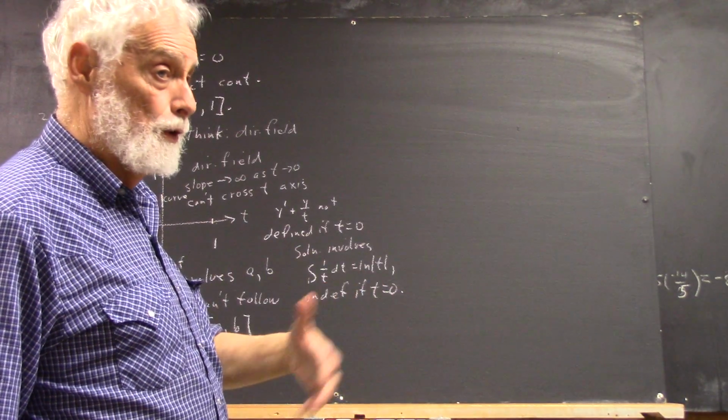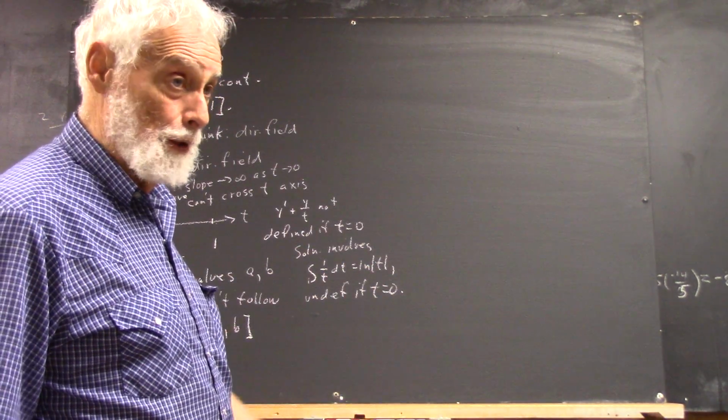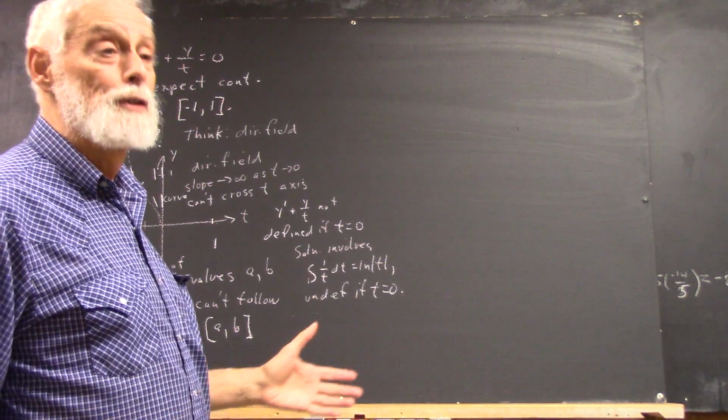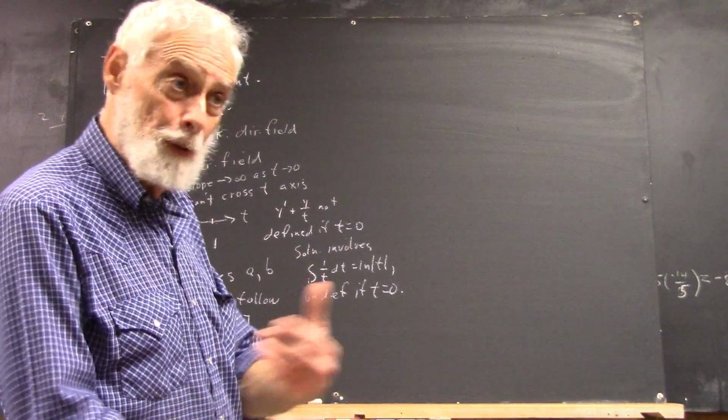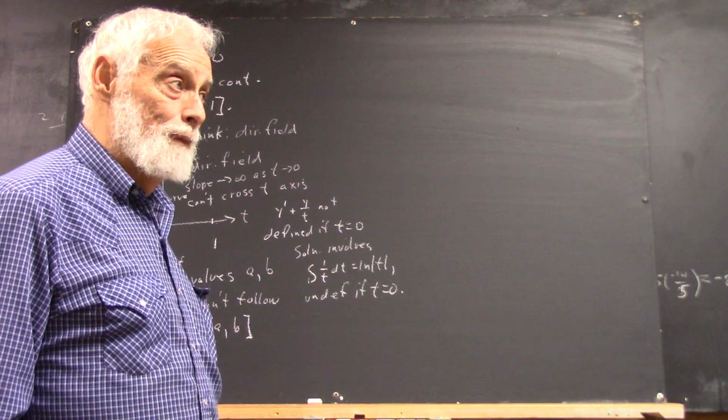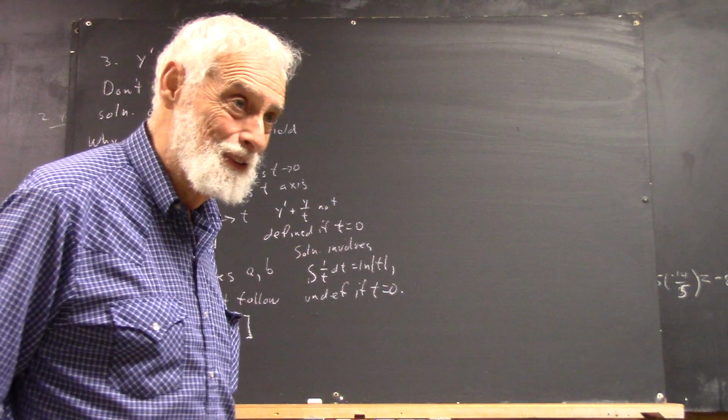Obviously, you can't guarantee that you can solve any given equation in closed form. That doesn't mean there isn't a solution, just that you can't find it, you can't express it in terms of basic functions, or even in terms of really weird functions.